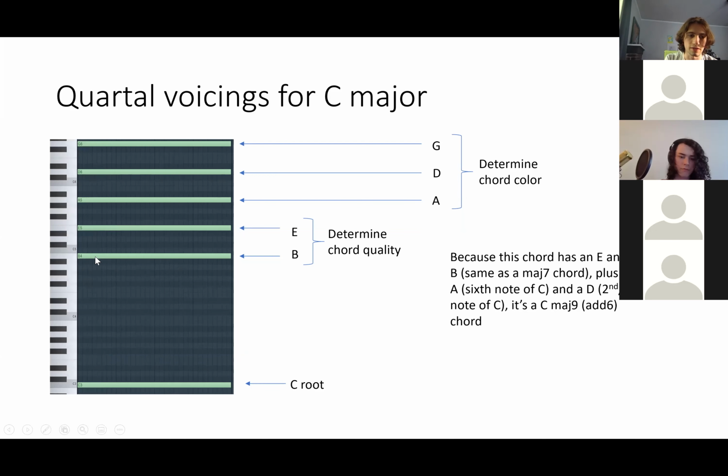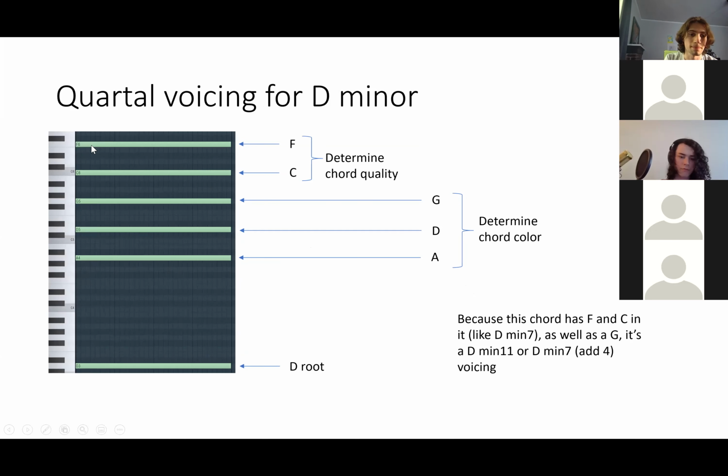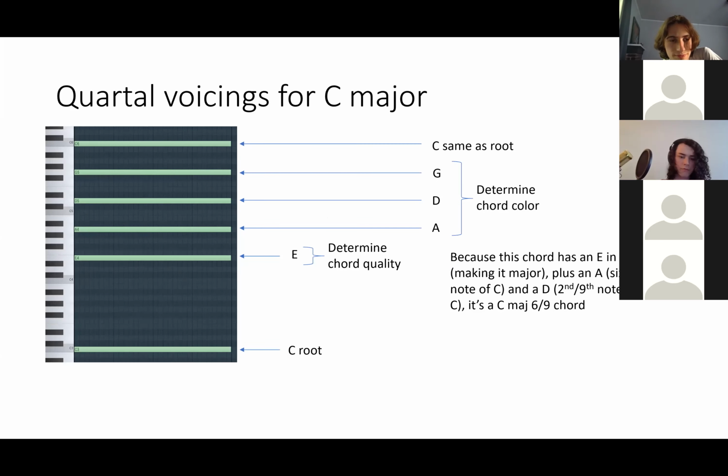This one starts on the 7th, ends on the 5th. This one starts on the 5th. This one ends on the 3rd. I see. So as long as you build from a note in the chord, it kind of works out.